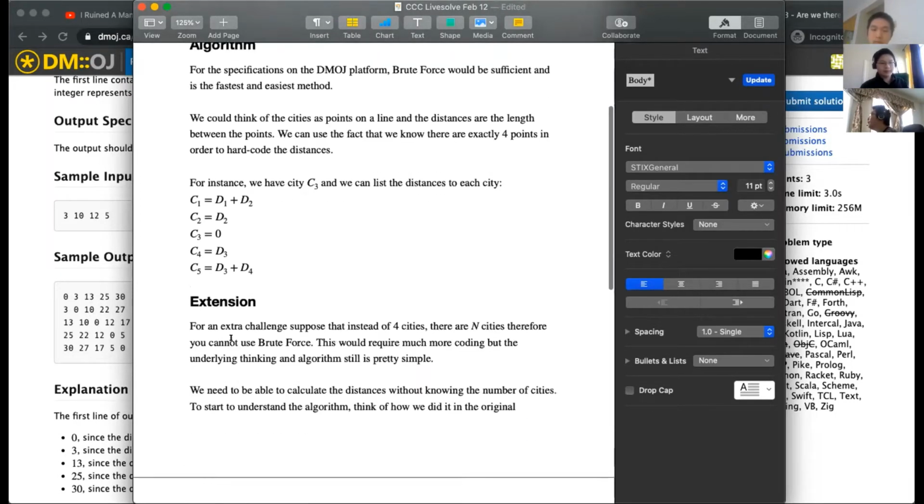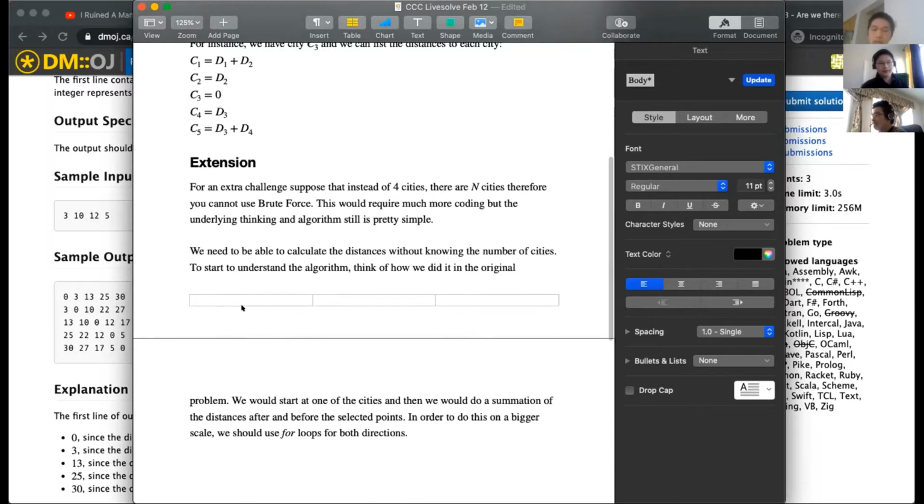And I wrote a little bit about extending the problem where now say instead of 4 cities, you have n cities. You don't know how many cities there are. So you can't brute force it, because brute forcing and hard coding require you to know how many cities there are.